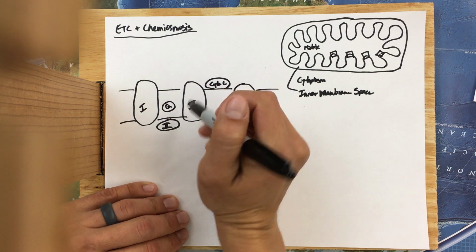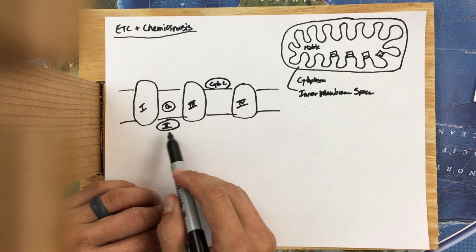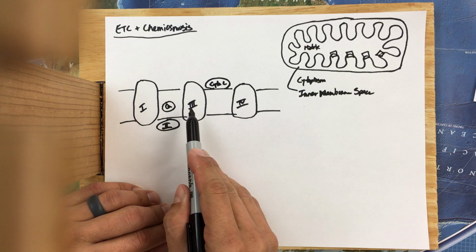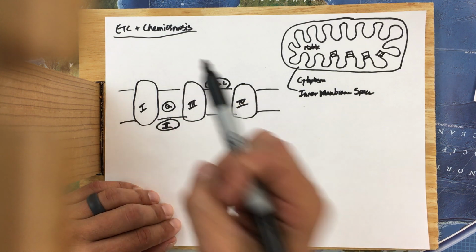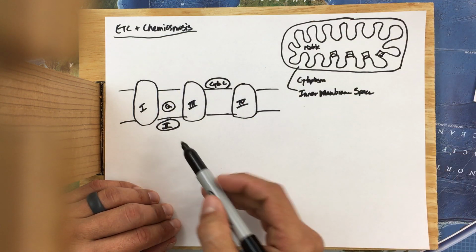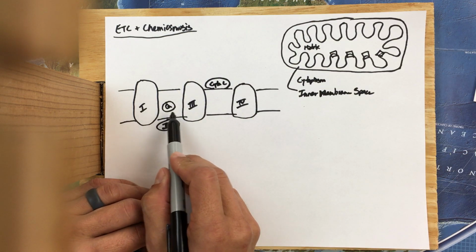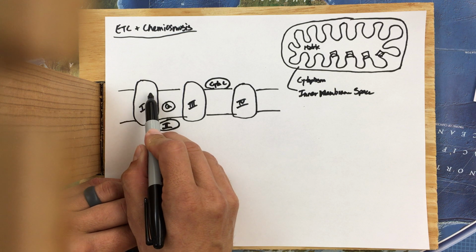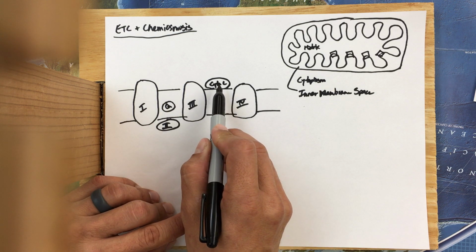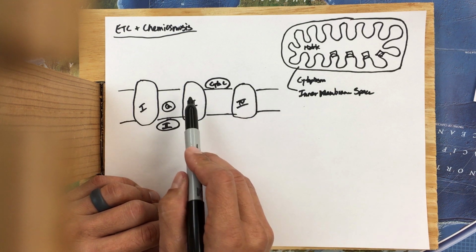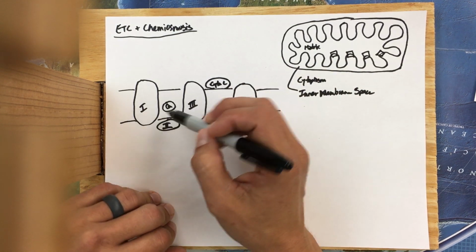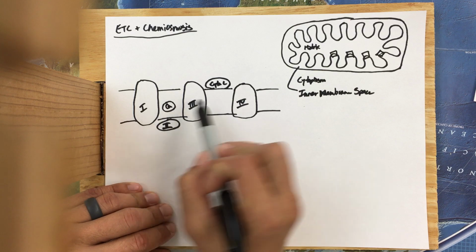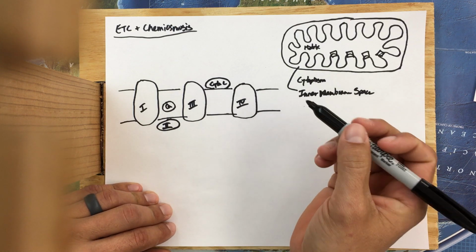The thing is that there is an actual physical gap in between these protein complexes, but we need to carry things from one to the next, and we can't just let it fly by magic. And so plastiquinone can move within the membrane to take it from here to there. Same with cytochrome C. It can bridge the gap to take something from here to there. And so as we look through this whole series of events, they're there to fill in the gaps so that we can actually get from one place to another.